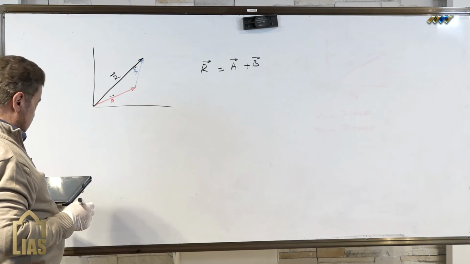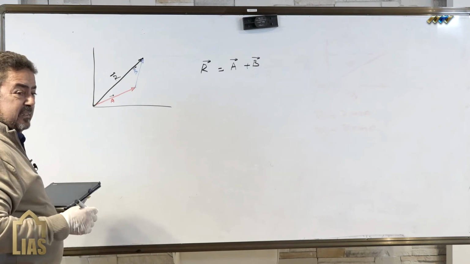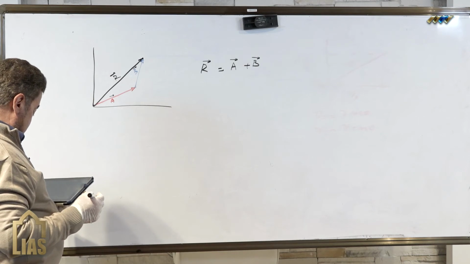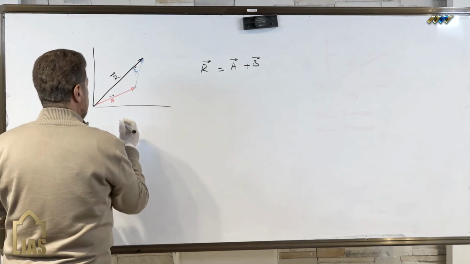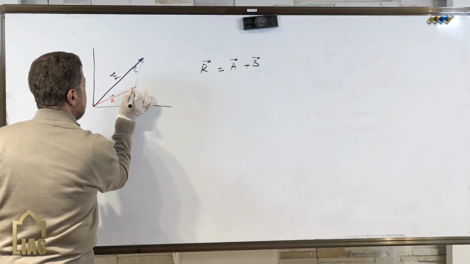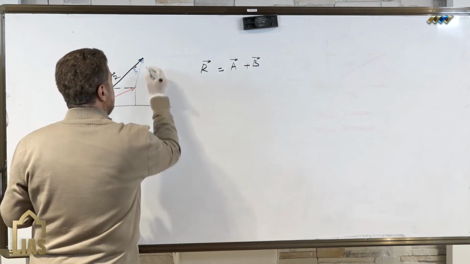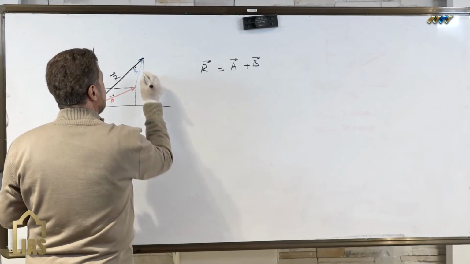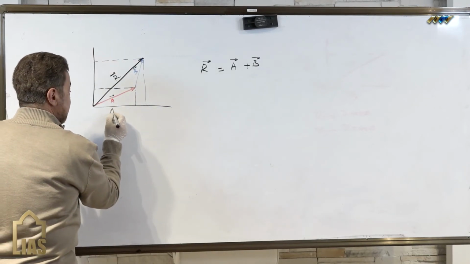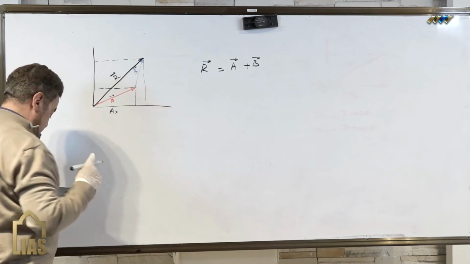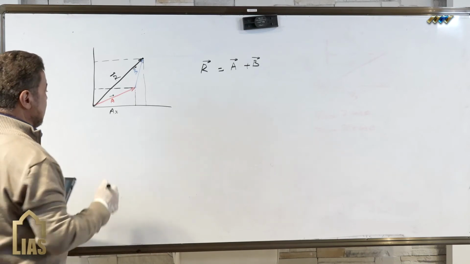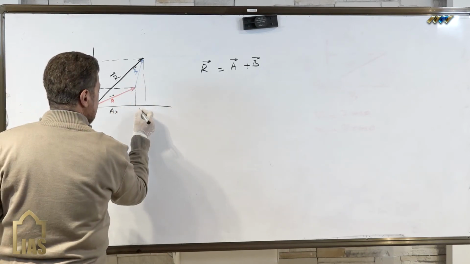How can this happen if we draw it? Let me put x and y here, and x and y here. This here is ax. It's not written here, but you have to follow it like that. I have ax here, and here we have bx.